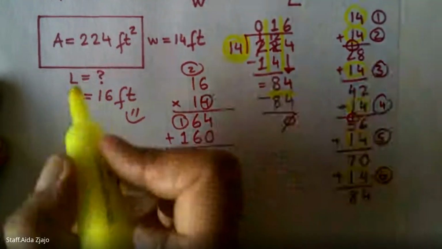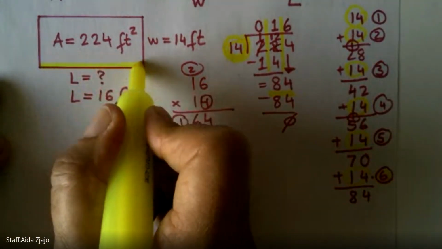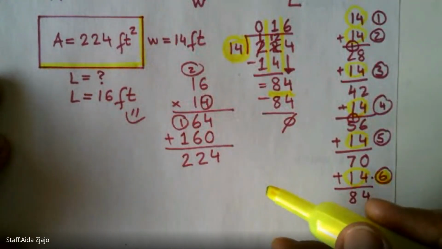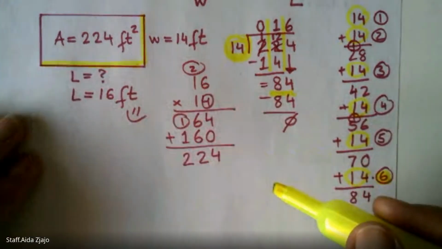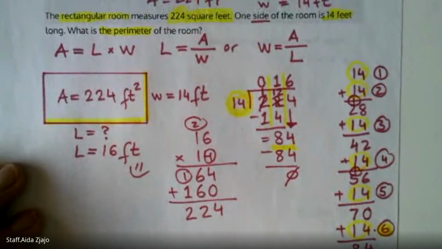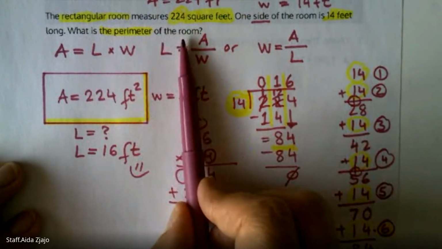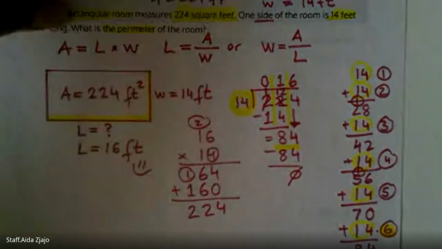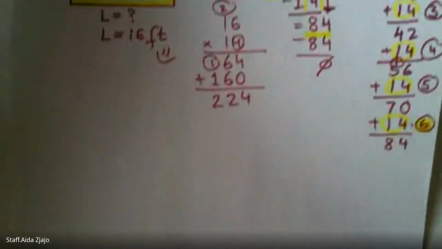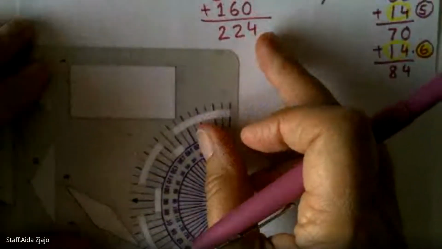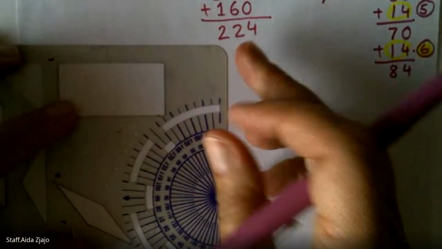So now we know what the length is, and we know what the width is. So if we know that, we can also find the perimeter, because that's what is asked: the perimeter of the room. So if I go and draw, I have more room, so I'm going to make that room again.